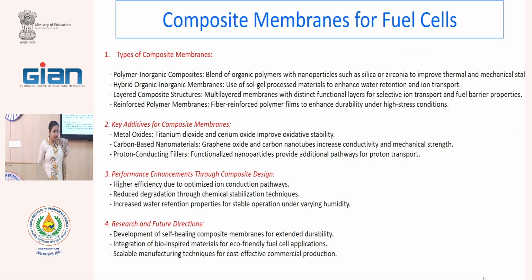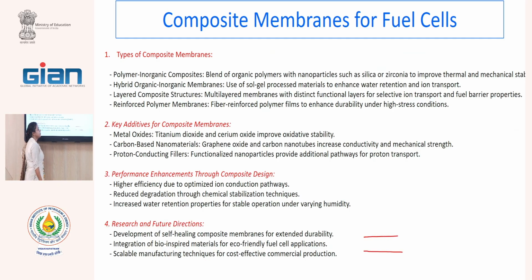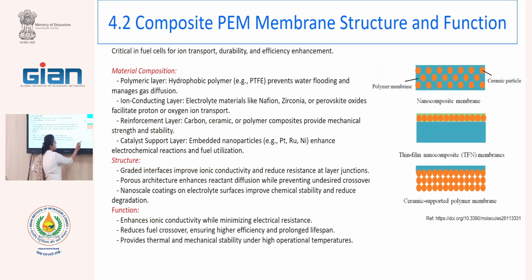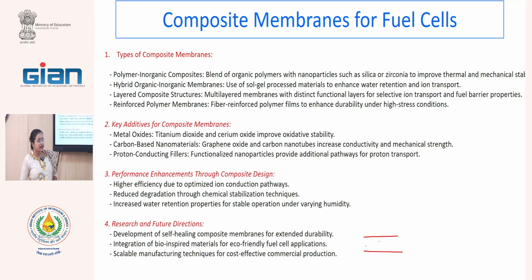Basically, when we look at these water channels, when we go to a higher temperature or lower humidity, sometimes they collapse. Now if you have some nanoparticles in between these hydrophilic channels, they will provide better stability of the channels, higher thermal stability, and better mechanical strength, okay.